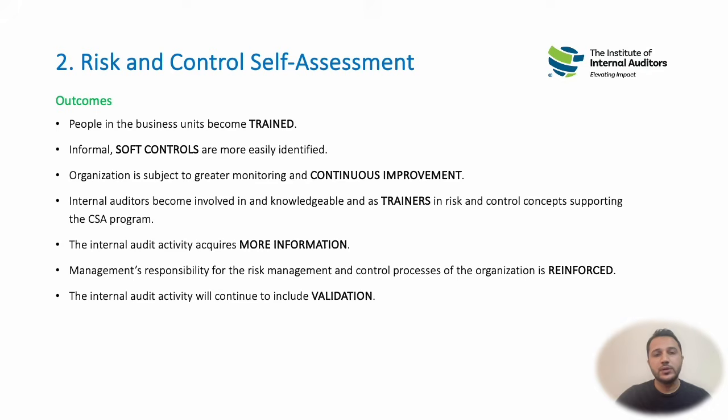Here we have a list of key outcomes of a CSA program, or we call it the benefits of the CSA approach. If an organization implements a formal CSA program, the business units get trained in terms of risk and control. In most organizations, the auditor or risk people are the ones who are always talking about risk and control.